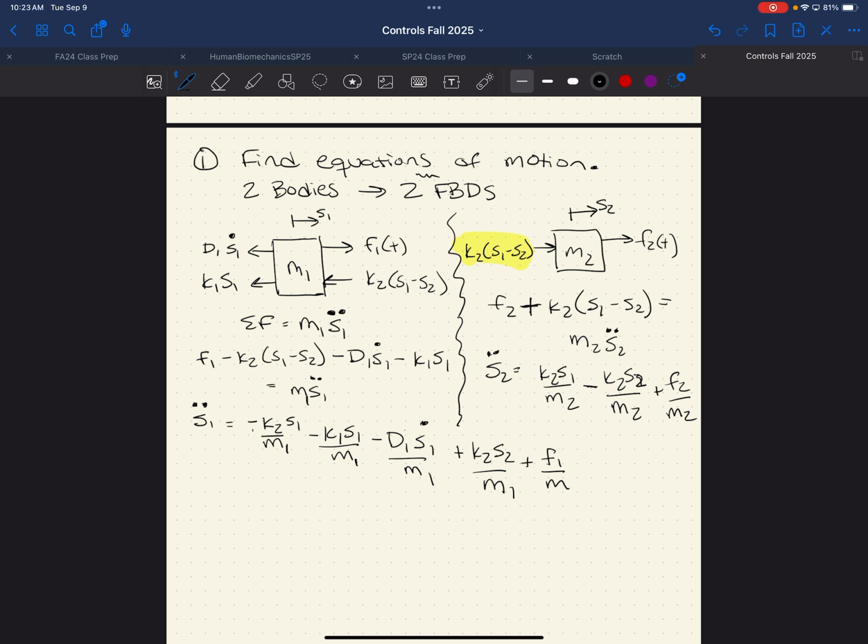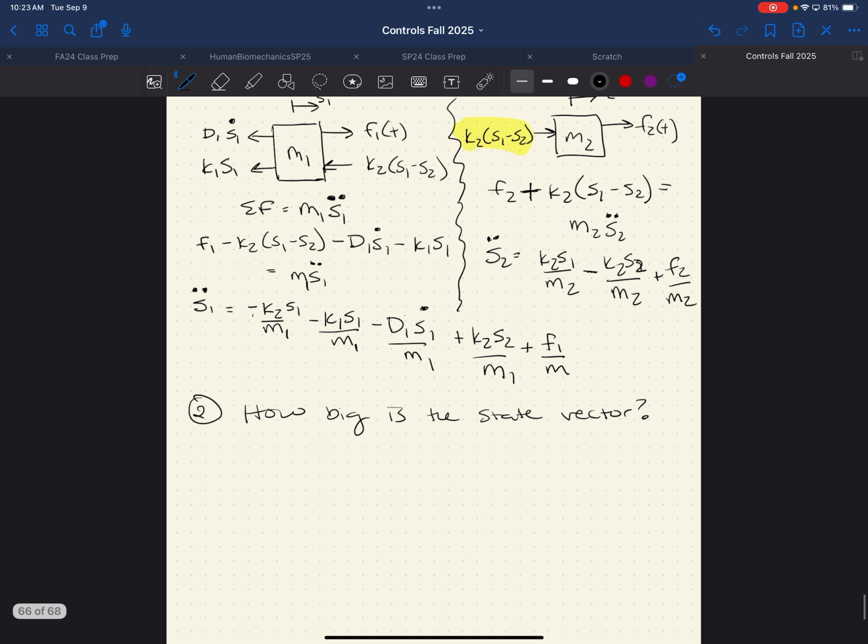All right, what's the next thing I need to do? Find what n is? Yep, figure out how big my state vector is. And to do that, I need to figure out my highest and lowest order of my inputs.